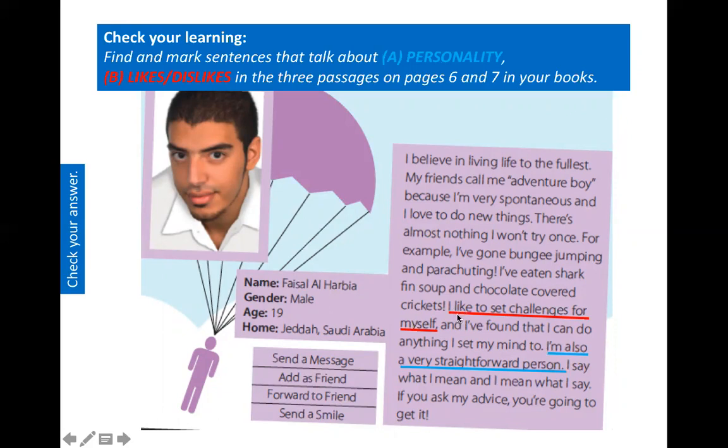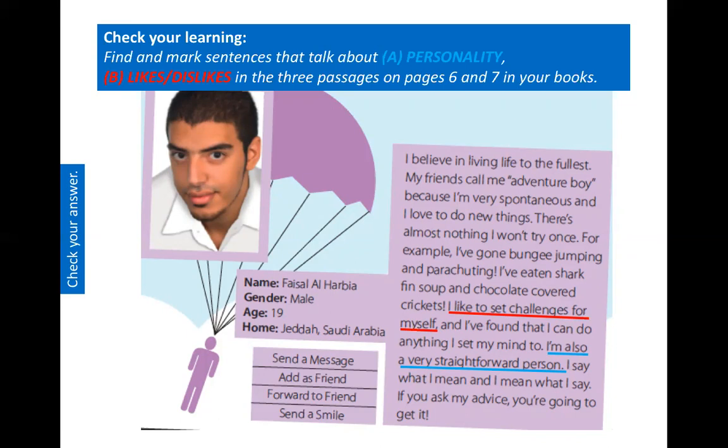To set challenges for myself. To set challenges for myself is an action I do. So more of likes and dislikes, okay? Even though the word like here, for example, I like to be straightforward, is still using like, to be straightforward is a personality, right?